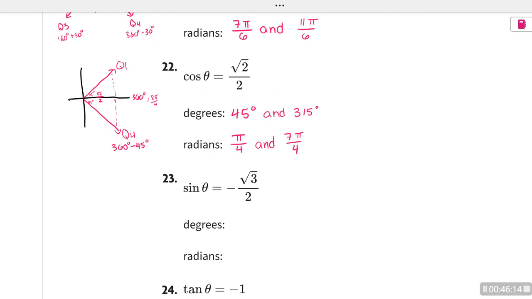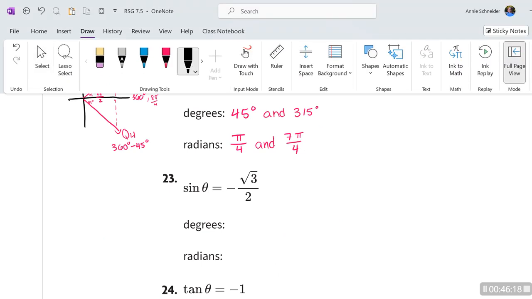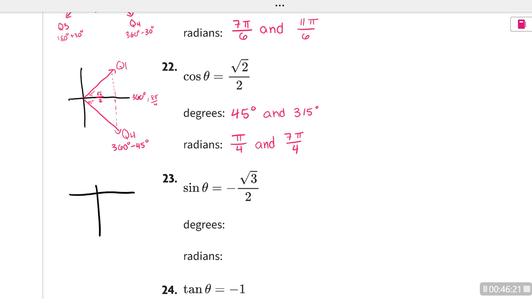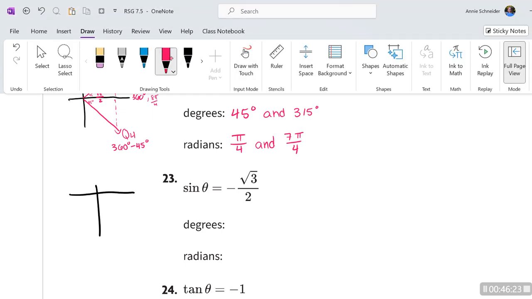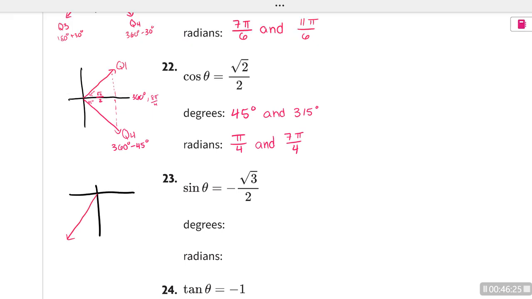Okay, question 23. So here we have sine of theta equals negative square root 3 over 2. So we're negative sine, so we're going to be in quadrants 3 and 4. Negative square root 3 over 2, so that's our y value. Well, the angle that creates that opposite side is a 60-degree angle.